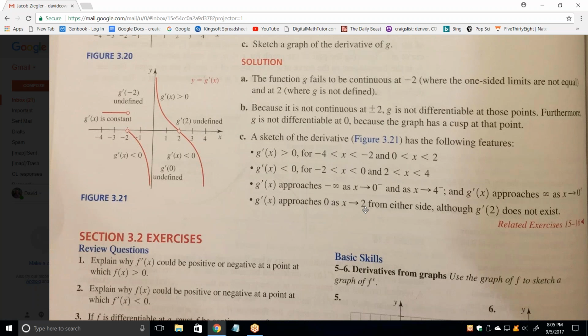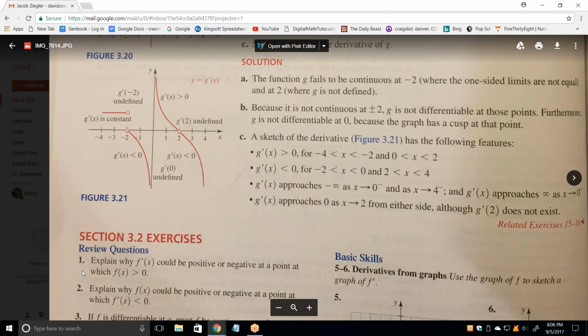The first problem I see is number 1 under 3.2. Is that where you want to begin? Yep. Okay. Are they referring to a particular graph? No. Okay.